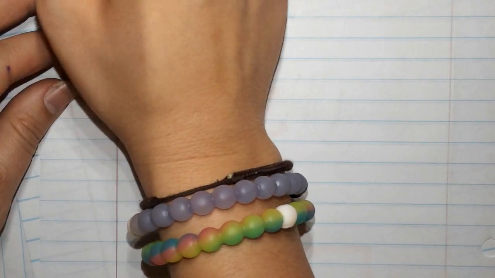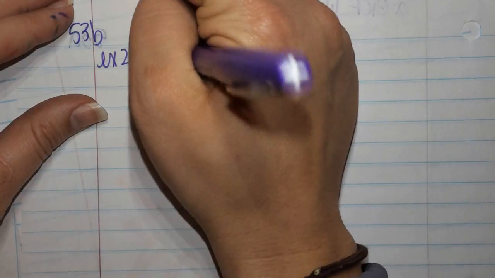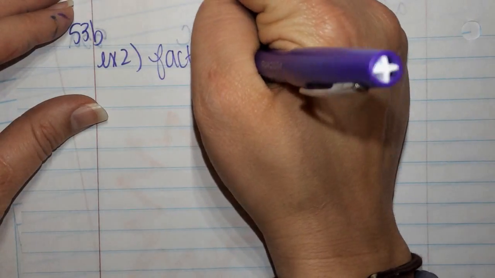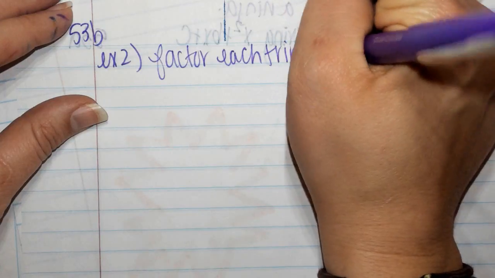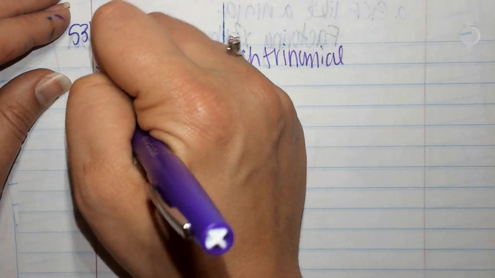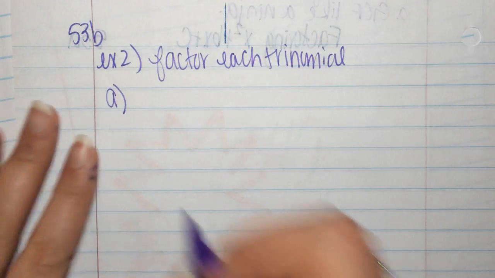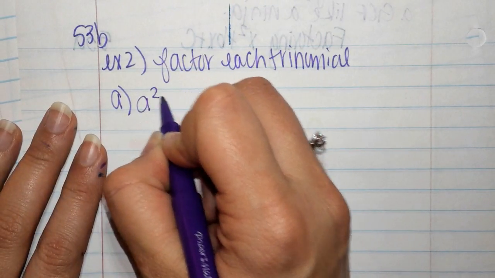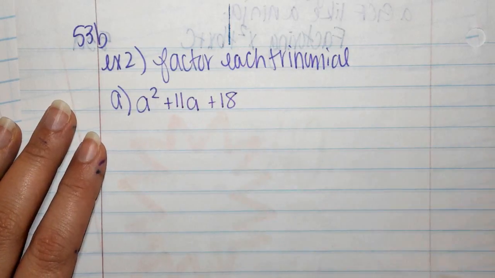Alright, 53B. Here we go. So we're going to call this example 2 because we did example 1 on the front. The directions say, factor each trinomial. The first one that we're going to factor is a squared plus 11a plus 18.